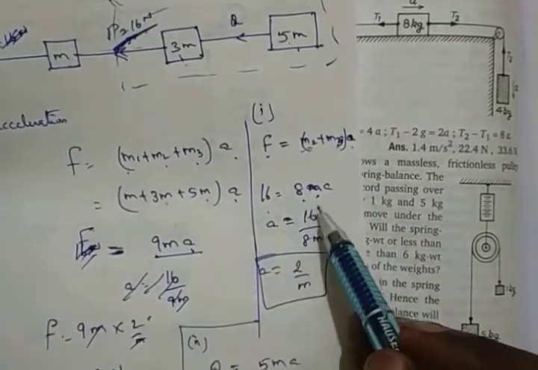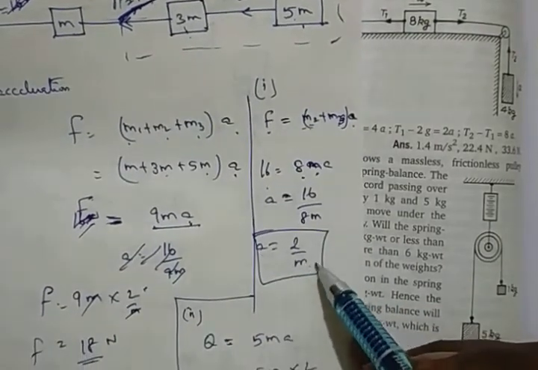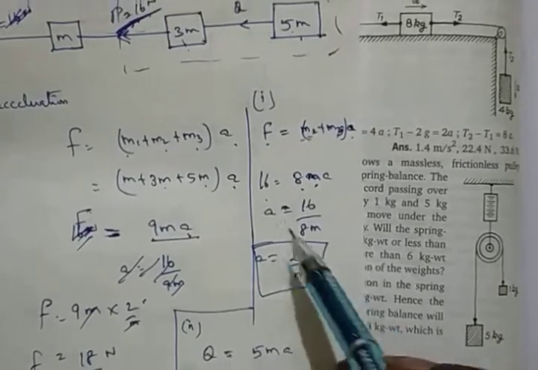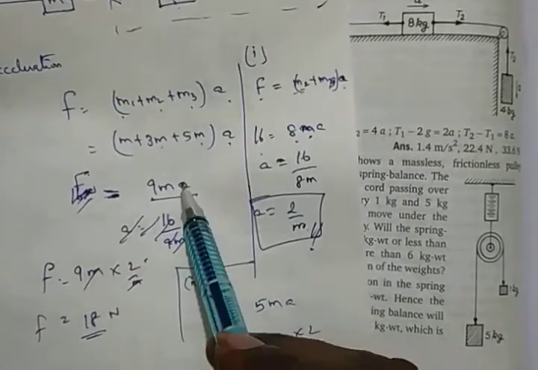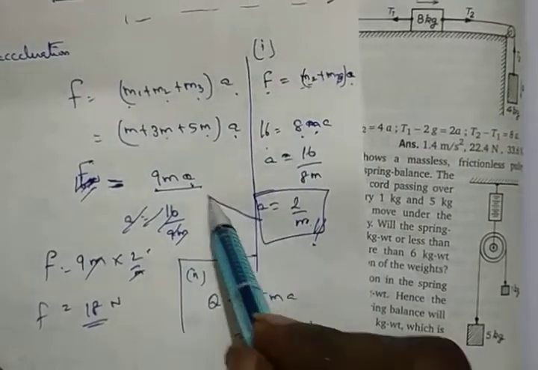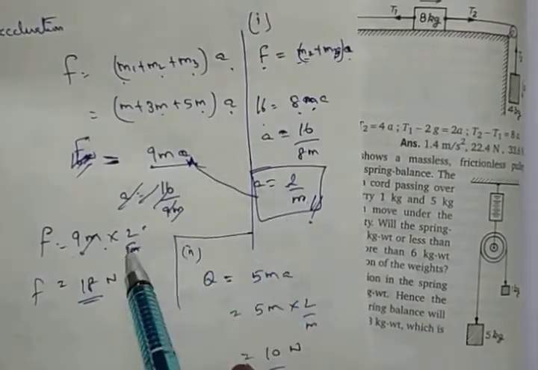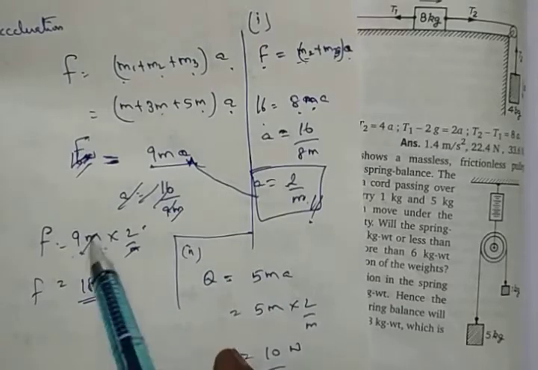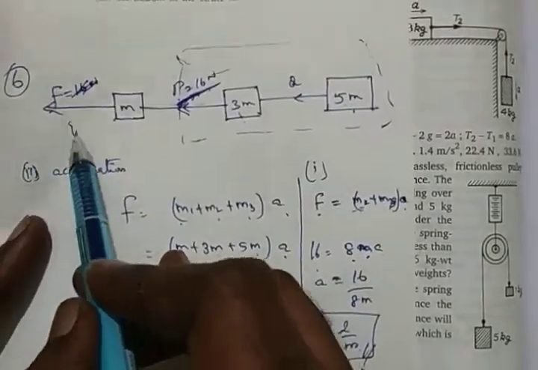So the acceleration is 16 upon 8m, which is 2 by m. Because of this 16, you got this acceleration. Now take this acceleration and put it here. When you put it, 9m and 2 by m, the m and m get cancelled. The force should have been 18 newtons here.